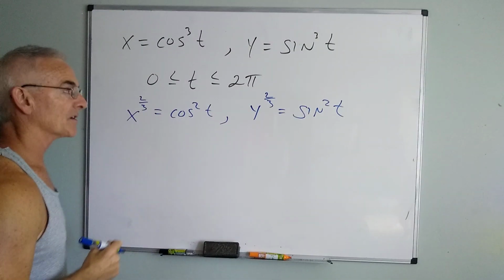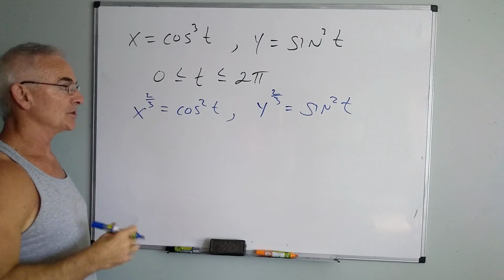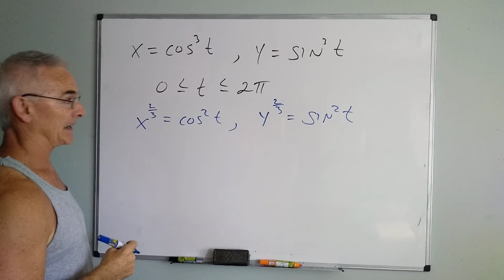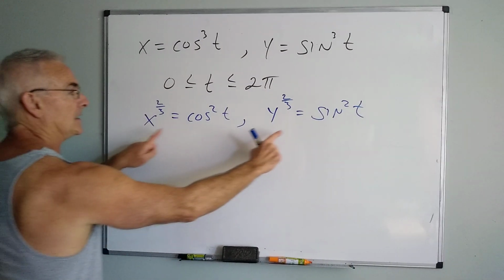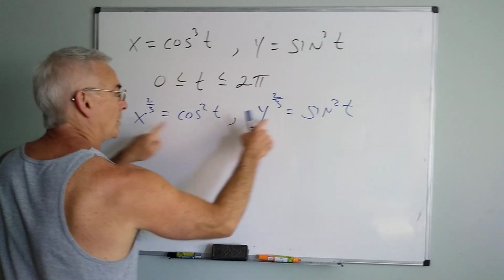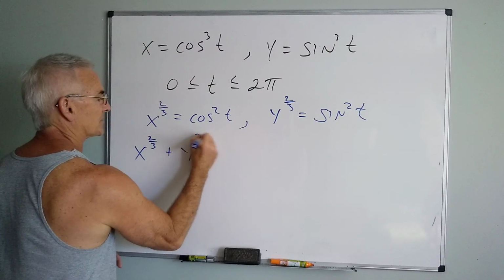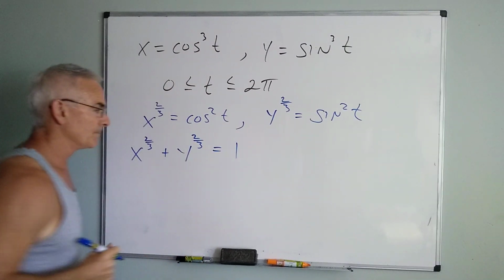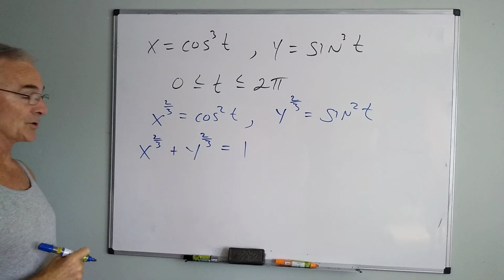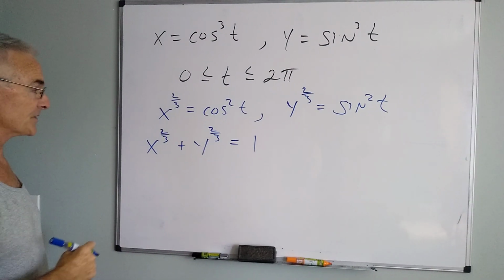One of the benefits of using parametric equations is you can use whatever manipulation you choose to make the thing work as long as it's legal. So because the sum of the squares is 1, I will get x to the 2/3 plus y to the 2/3 is 1.